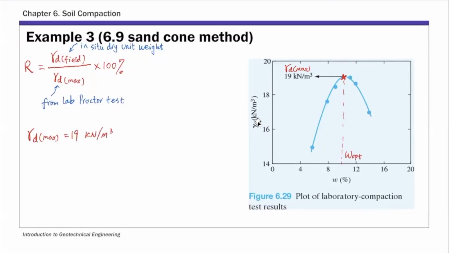And now if you substitute this gamma D max into relative compaction definition, so R is basically 18.6 from part A divided by 19 from the compaction curve times 100%. 97.7%. Okay, so that is the relative compaction for this example here.